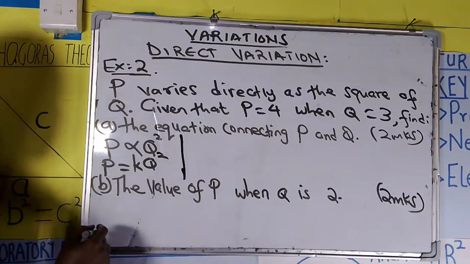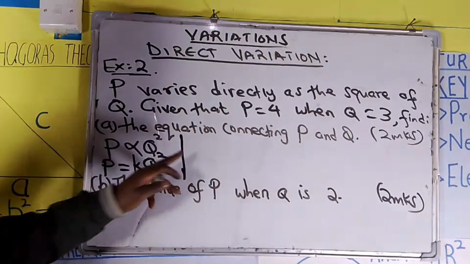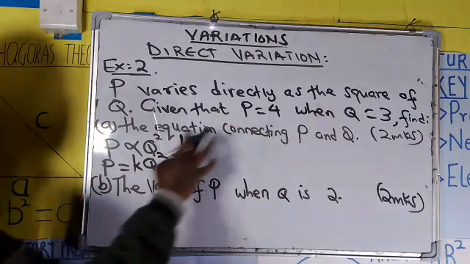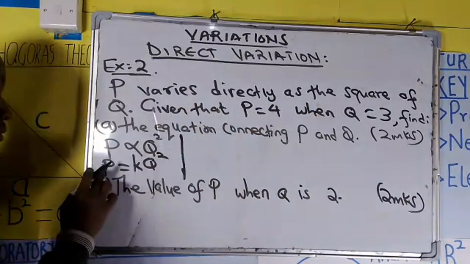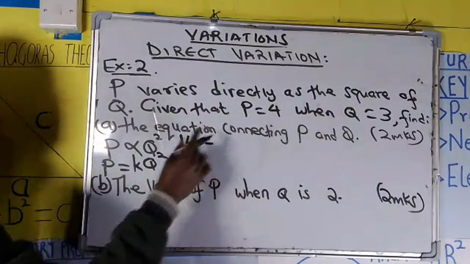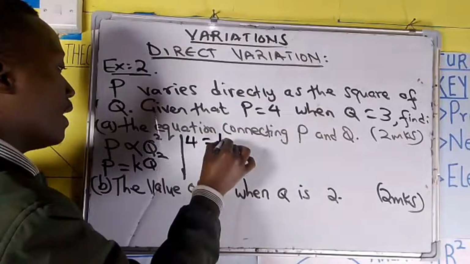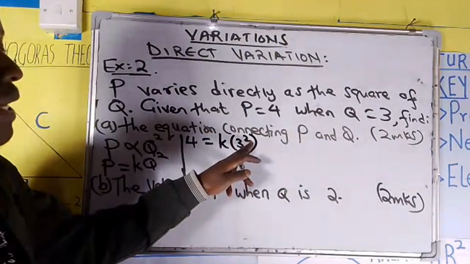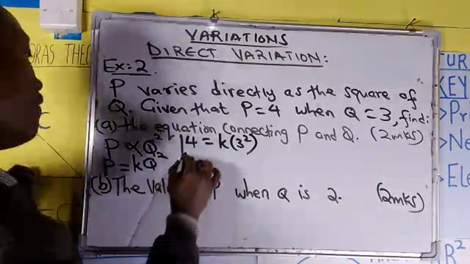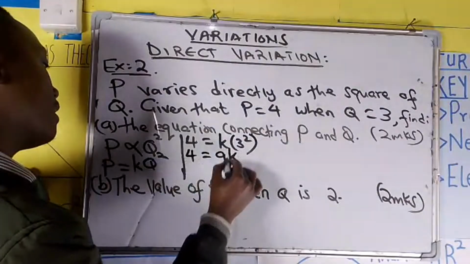So once we have that, we have when P is 4, Q is 3. So when our P is 4, our Q is 3 squared, so it is K multiplied by 3 squared. 3 squared is 9, so 4 is equal to 9K.